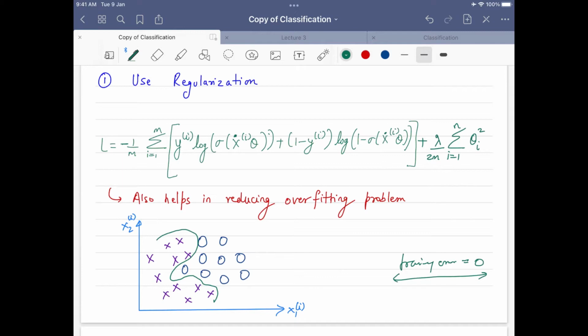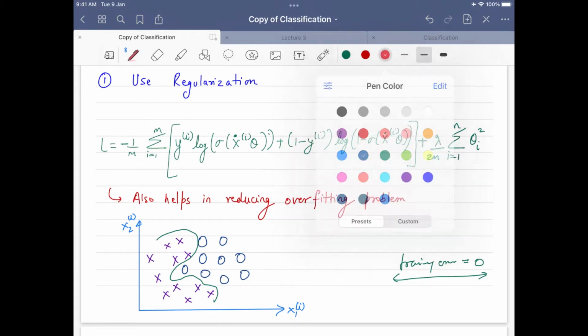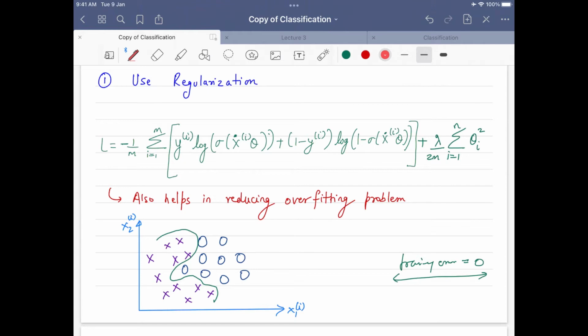Now let us say you have a test set where the test examples are this and this. These crosses which I am putting over here, if you see closely, are actually coming from the same distribution where you already have these x's around. It is in the same distribution which I am highlighting over here.